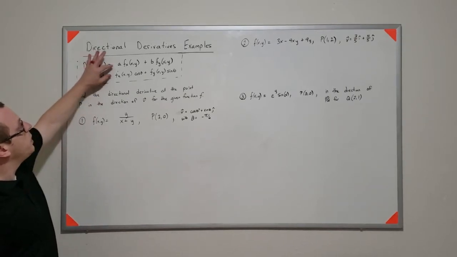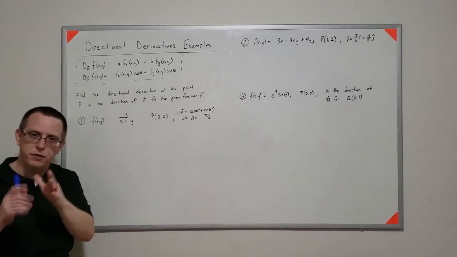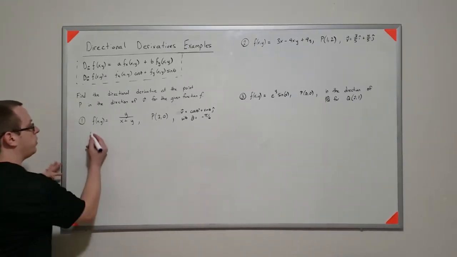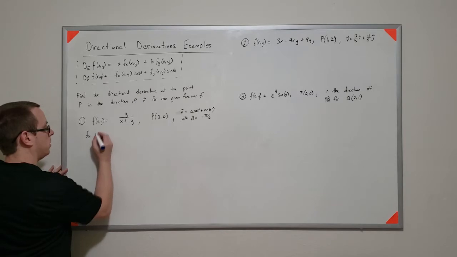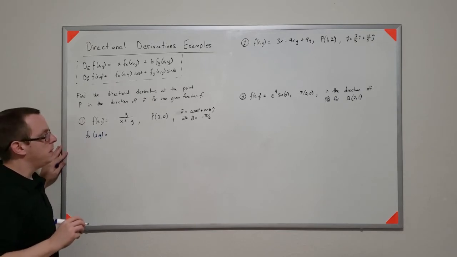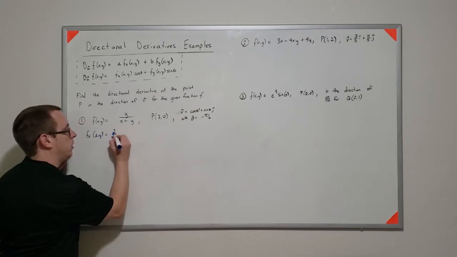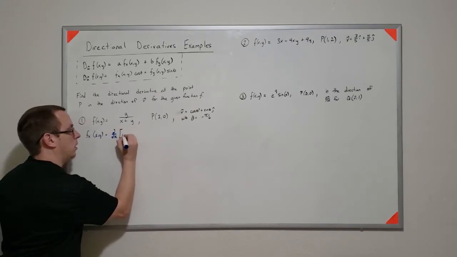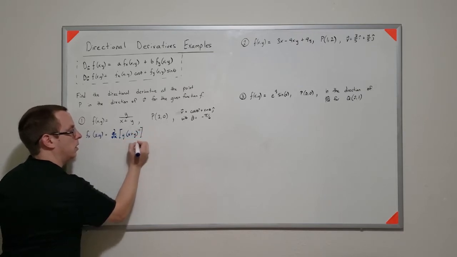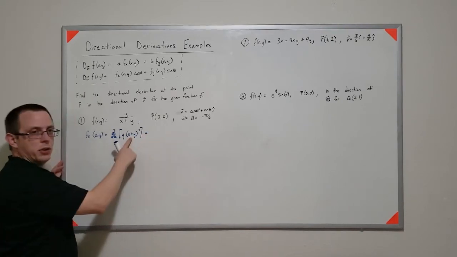Recall, to get this, we need to find these partials with respect to x and y. No matter what we do, we have to find those partials. So let's find fx. This is maybe better written as a power, and y is constant here, so we're really only taking the derivative of this.